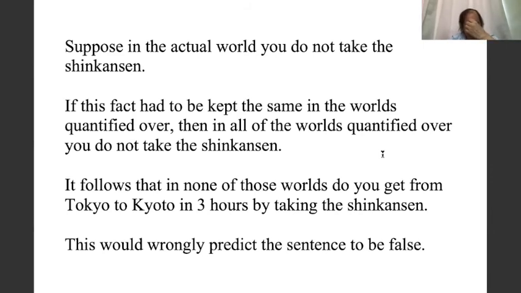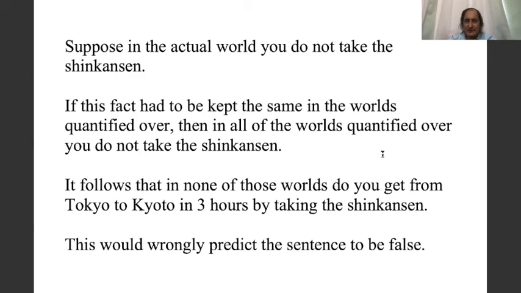If we had to keep that fact constant in all of the worlds that we're looking at, then in every world you quantify over, you do not take the Shinkansen. Or put differently, there is no world among the worlds you're quantifying over in which you do take the Shinkansen.